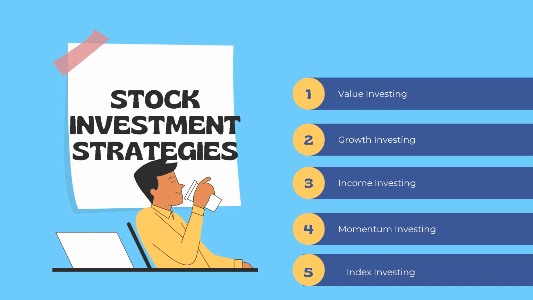Income investors look for stocks with high dividend yields, consistent dividend payments, and a history of increasing dividends over time. They believe that these stocks provide a reliable source of income and can also provide long-term capital appreciation.